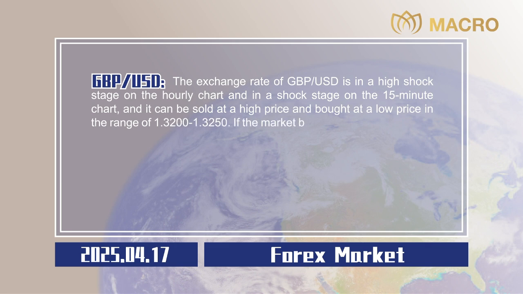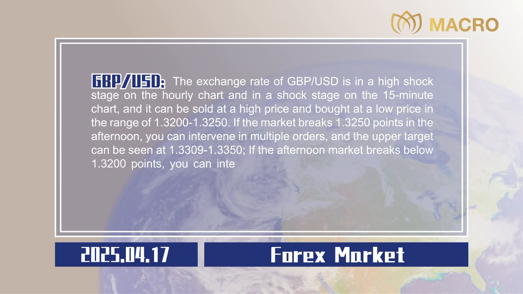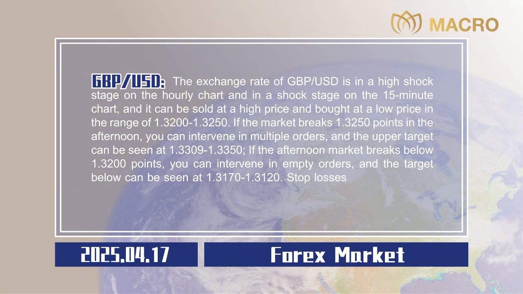If the market breaks 1.3250 points in the afternoon, you can intervene in multiple orders, and the upper target can be seen at 1.3309 to 1.3350. If the afternoon market breaks below 1.3200 points, you can intervene in empty orders, and the target below can be seen at 1.3170 to 1.3120. Stop losses are all 20 points, 0.0020.